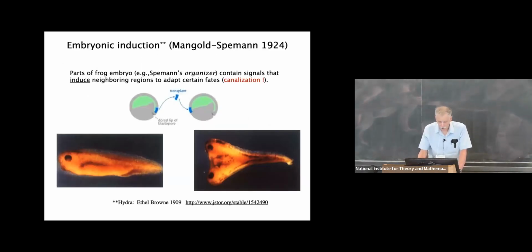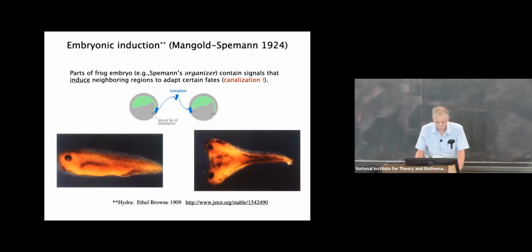Another example of canalization is this famous Mangold-Spemann experiment, in which you transplant a bit of tissue from the dorsal lip of a stage-matched embryo.